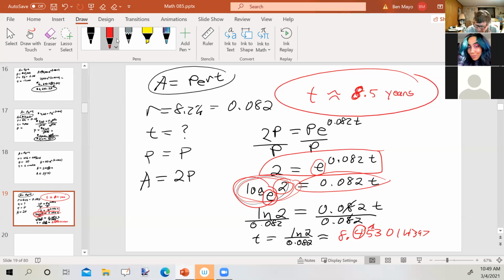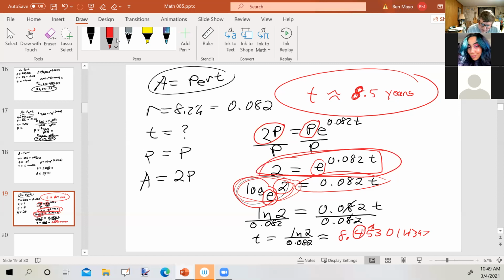Now, again, notice the initial population. We didn't even know what it was, but it didn't matter, because if we put the initial population here and double that over there, and then divide out the original p, we end up with 2 equals all of that.